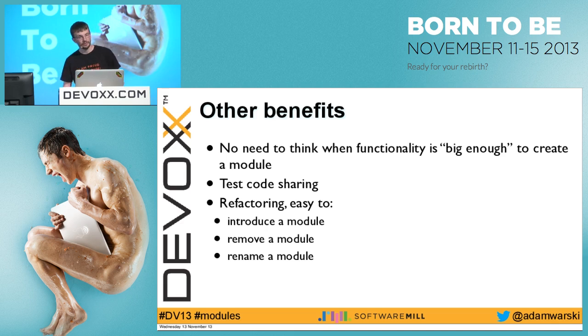Having test code which is accessible from 2 build modules is not that easy. Also refactoring is much easier. Changing the name of a package, extracting a sub-package, and so on, that's like normal day-to-day operations, right? However, renaming a build module, or introducing a new one, is a much heavier task.